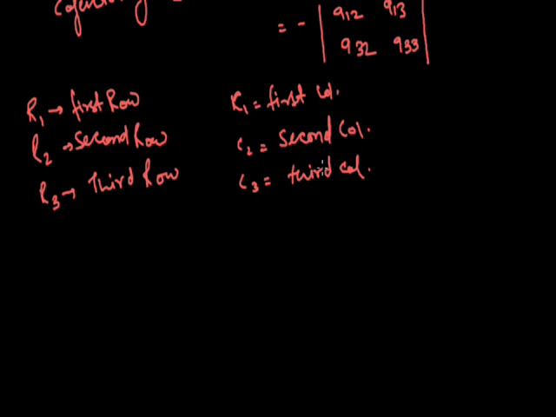Now the interchanging of the ith row with the jth row is represented by this. Now the column representation, ith is interchanged by jth column.